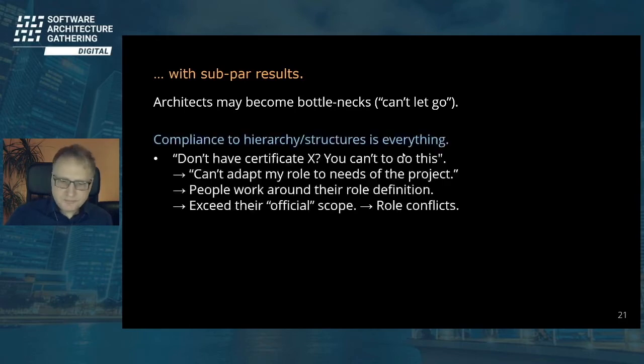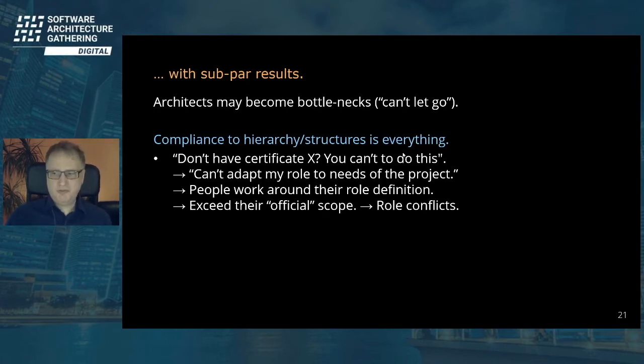The other thing is that people want to do compliance. They just want to fit in the structures. So if it's not in my job description, I don't do it. Or even worse, for some people, they are not allowed to.